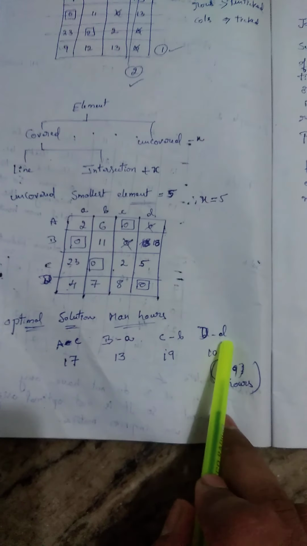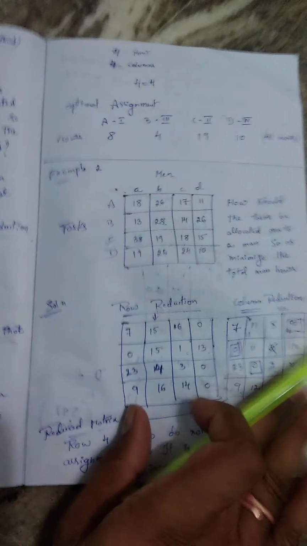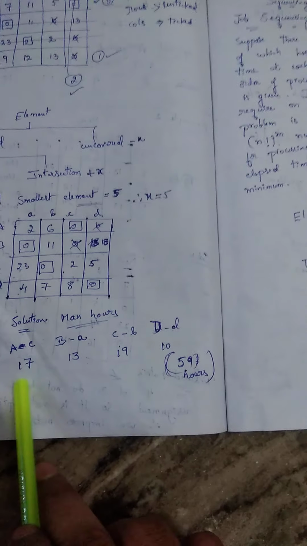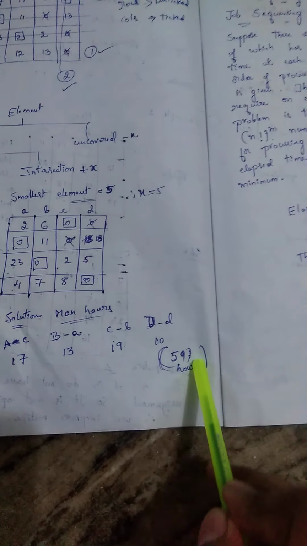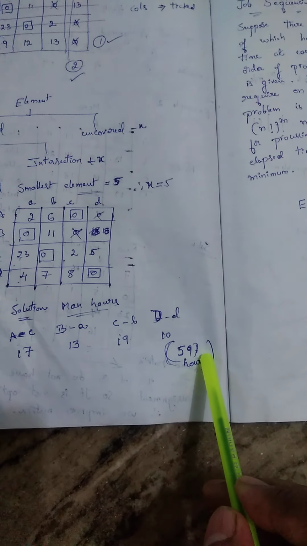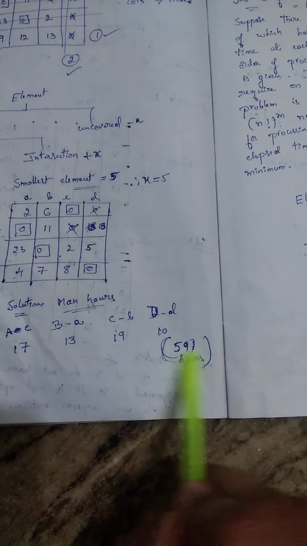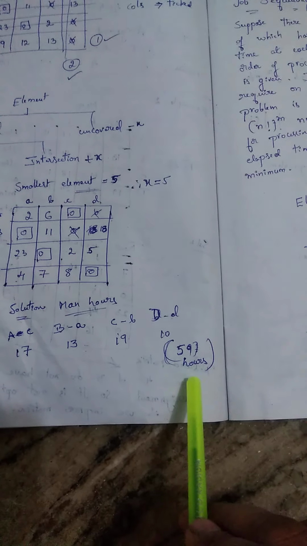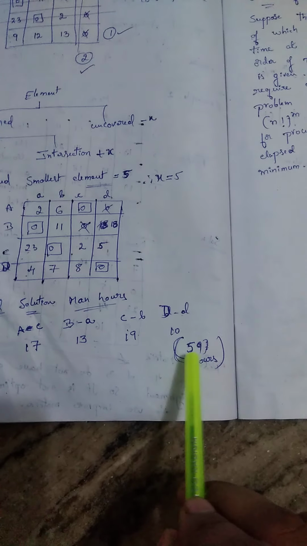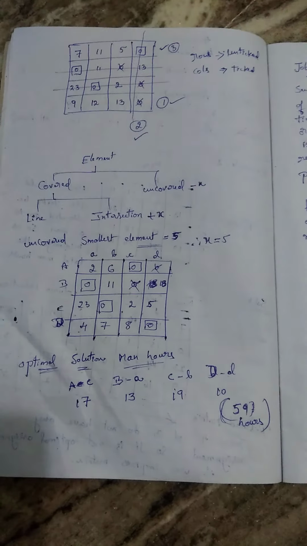D row, D column is 10 hours. Adding all the hours, we get 15 hours for each person for doing a single task. Okay, my dear students, thank you.